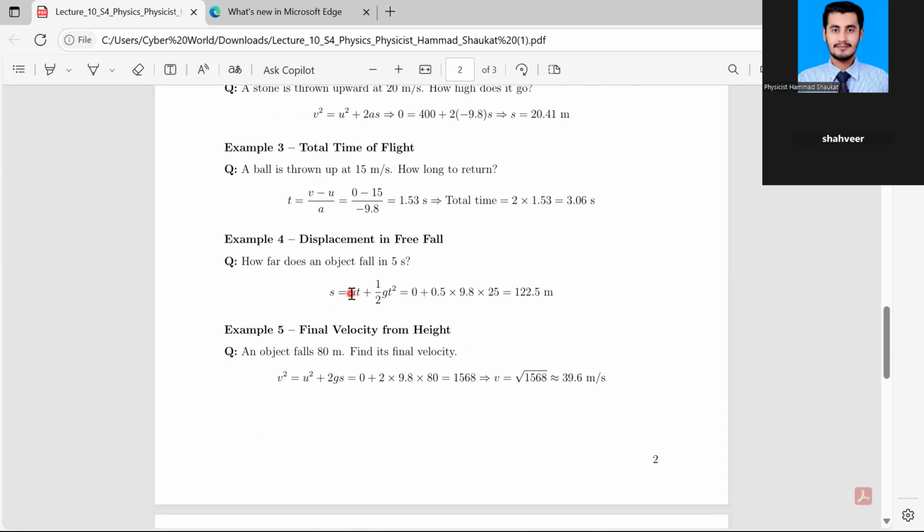Our fourth example is, how far does an object fall in 5 seconds? In this scenario, only time is given and they're asking you to find how far, meaning distance. Yes, distance. Distance is in the second equation of motion and third equation of motion. So in this scenario, what do we have to use?